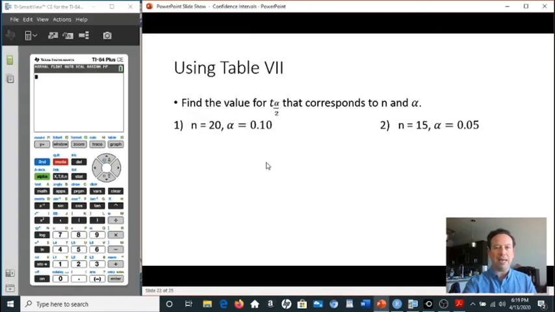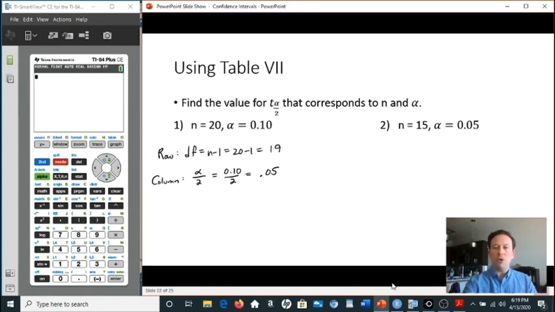So let me go back to that. Let's say, for number 1, we had a sample size of 20 and an alpha of 0.10. What t value are we going to use for that problem? First, we need to get our row number, which is the degrees of freedom. So you have to do n minus 1, which is 19. The column number is the level of error alpha divided by 2. So in this case, it's 0.05.